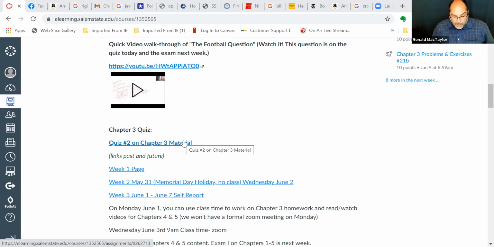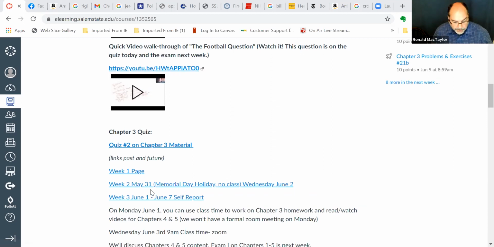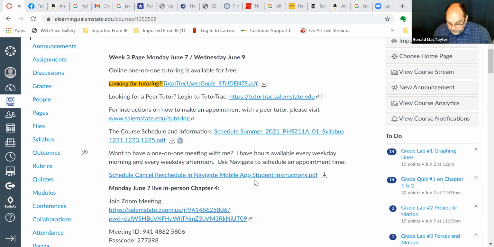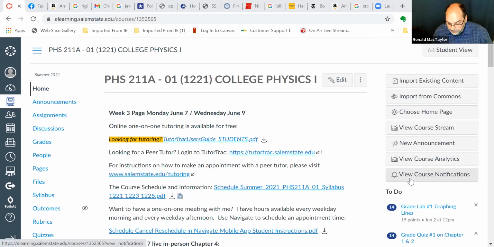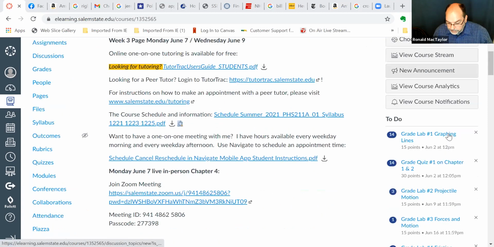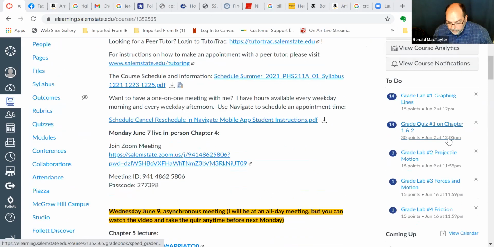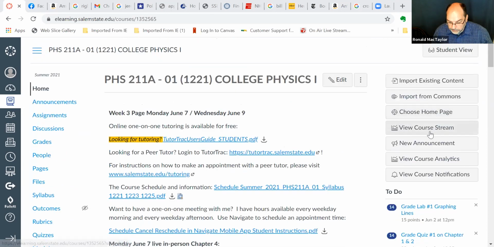I am still making my way through the pages to update them to this semester's dates instead of last summer, but it is my belief, let me do student view if I can find it.